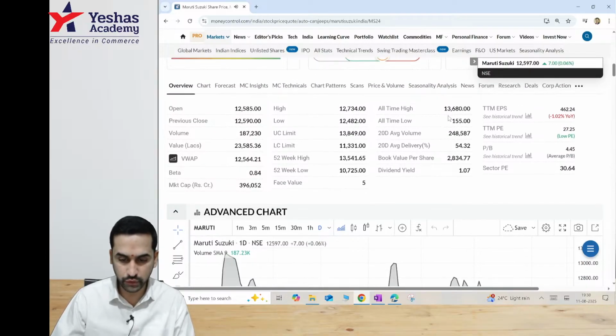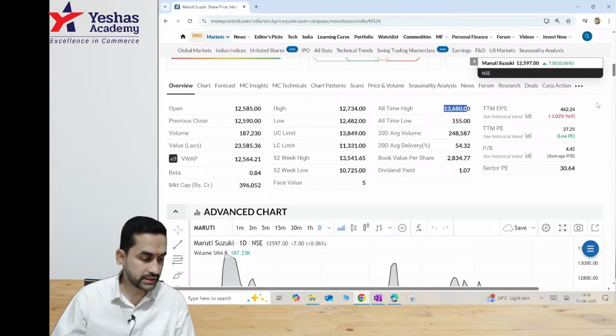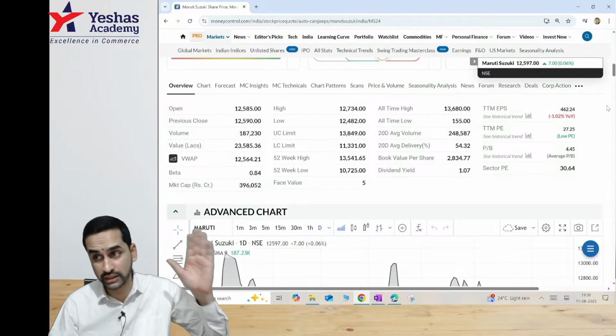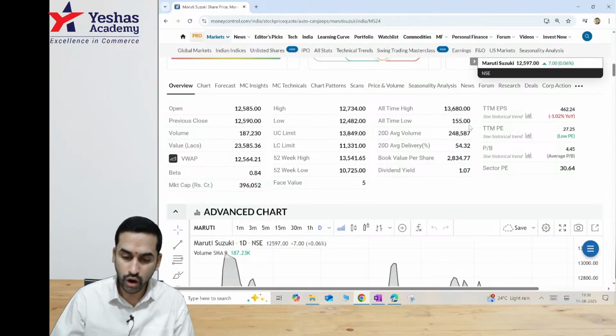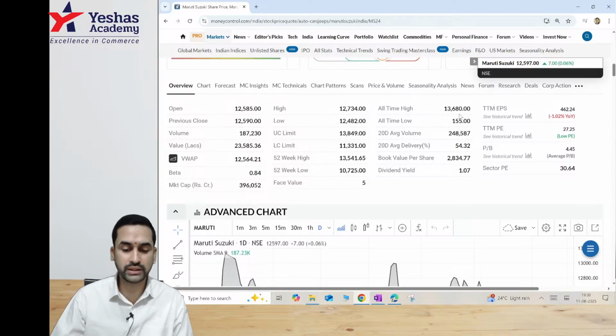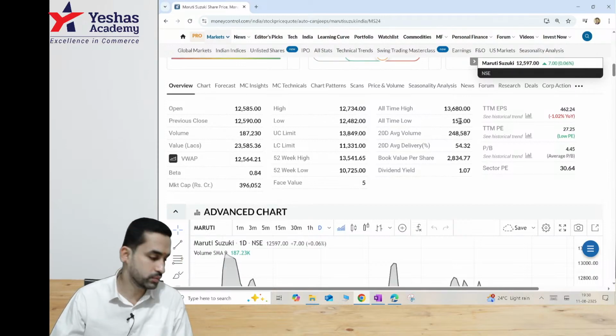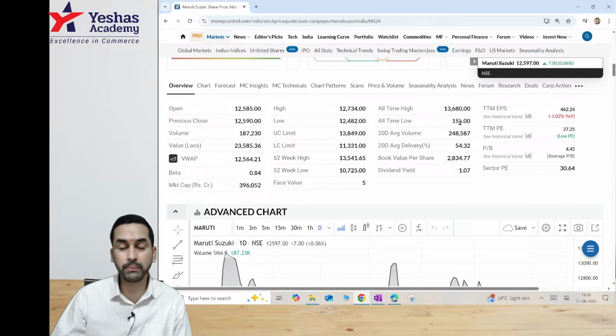That means in its full life, this share, the highest price it reached was 13680. All-time high means from the time it is in the stock market. All-time low 155 rupee. Now please don't compare this 13680 with 155. This 155 maybe 25 years ago. Correct? That's a wrong comparison to do.